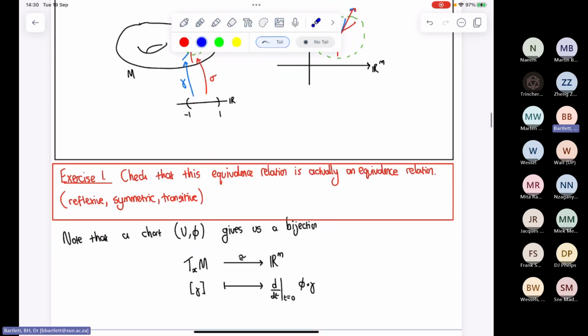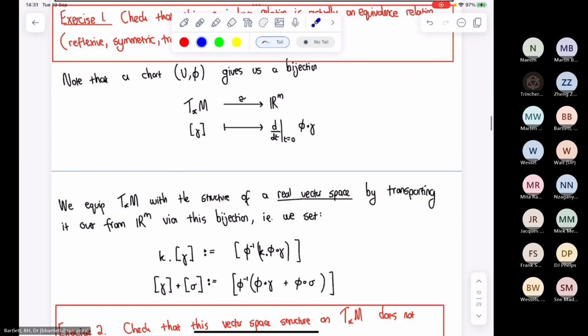And using that bijection, but I needed the chart to do that, I can just pull over the vector space structure on Rm and pull it back into this set. That's going to equip this set now with the vector space structure. Okay. In other words, explicitly, here's how I multiply an equivalence class of smooth curves by a scalar, and here's how I add two equivalence classes of smooth curves.